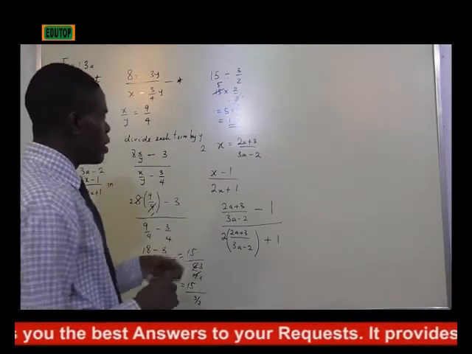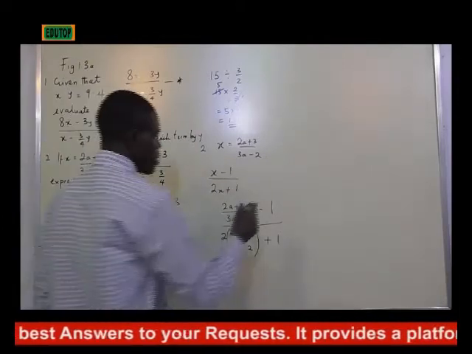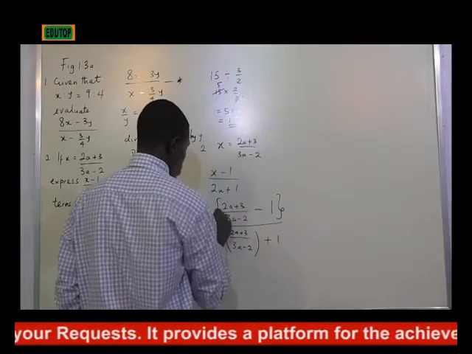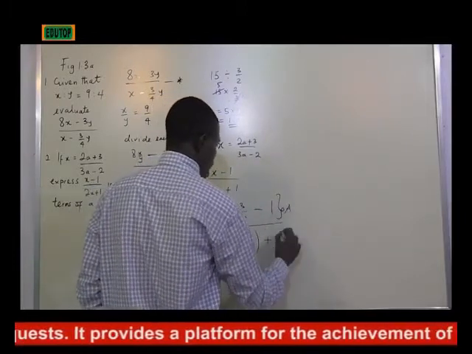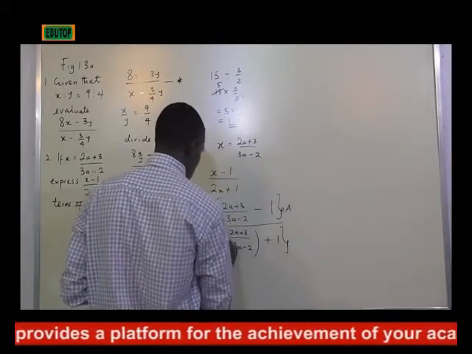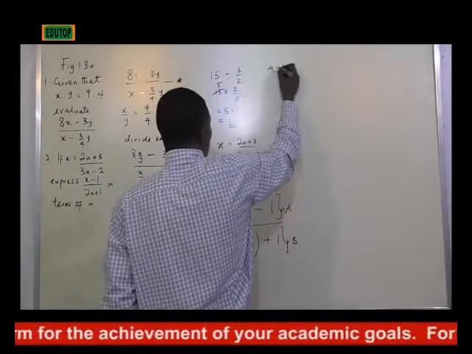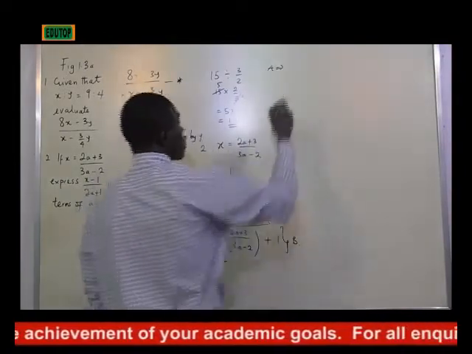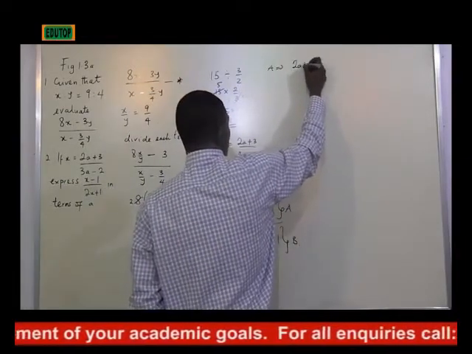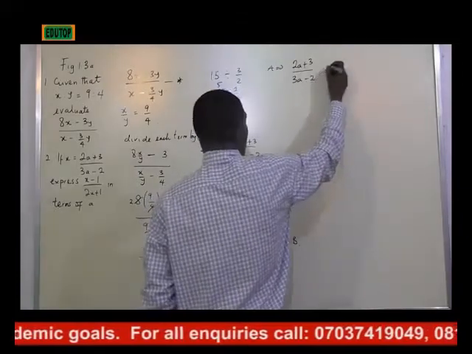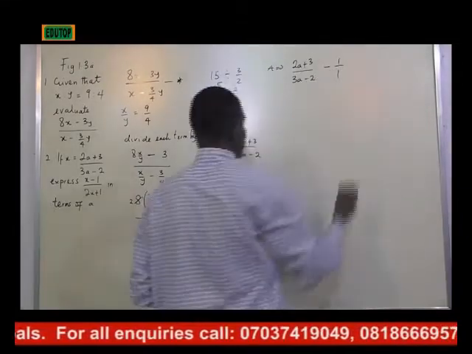Now I will solve both as separate entities in order not to run into confusion. Let this one be a and let this be b. To handle the first case, which is my a, I have 2a plus 3 over 3a minus 2 minus 1 over 1 as a fraction.